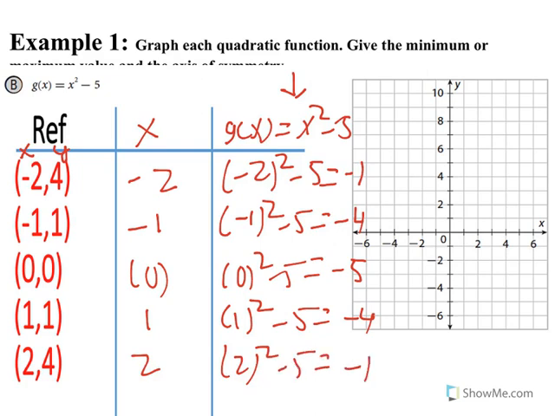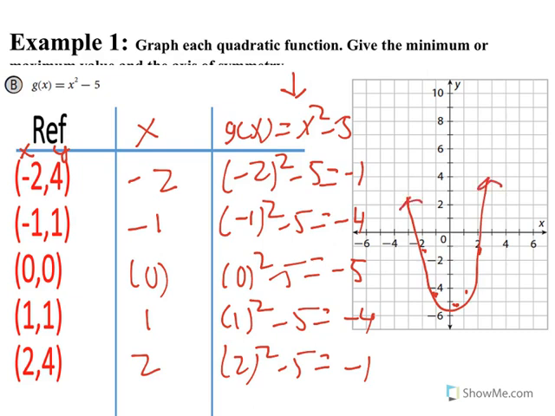So we can go and graph those. Negative 2, negative 1 is here, and negative 1, negative 4 is here, and 0, negative 5 is here, and 1, negative 4, and 2, negative 1 is here. So then this is our graph.